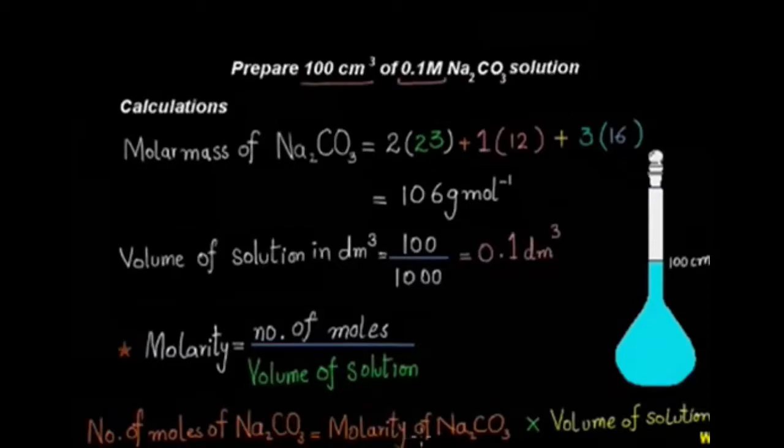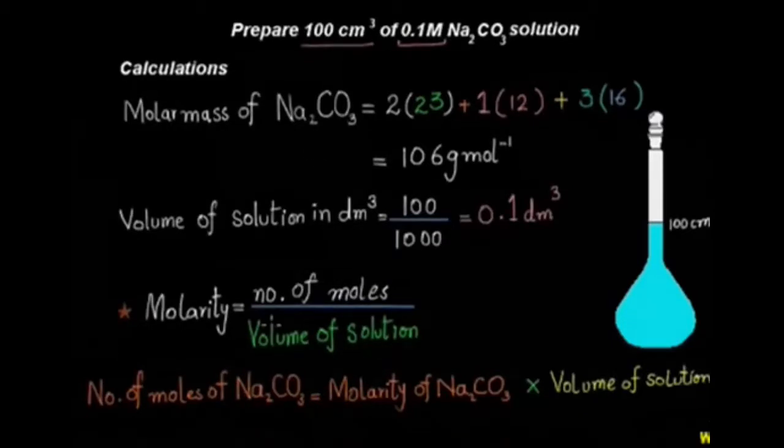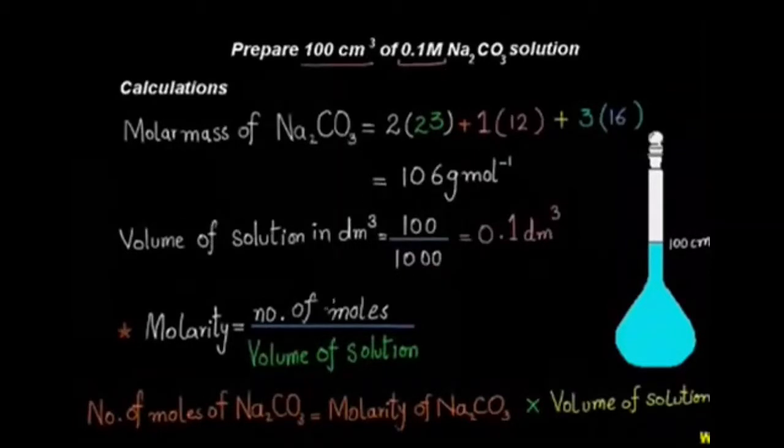Molarity of sodium carbonate is given in the title, that is 0.1 molar, and volume of solution which we got in the upper calculation is 0.1 decimeter cube. So I put the values: 0.1 molar multiplied by 0.1 dm cube.